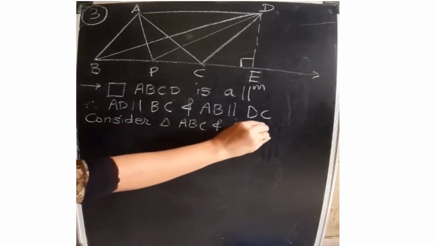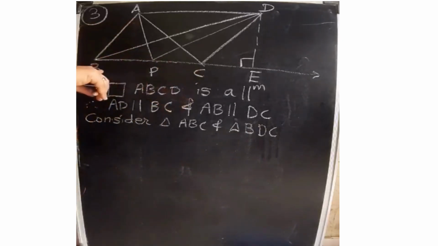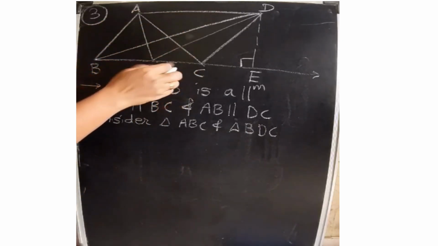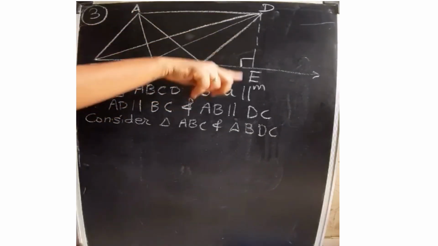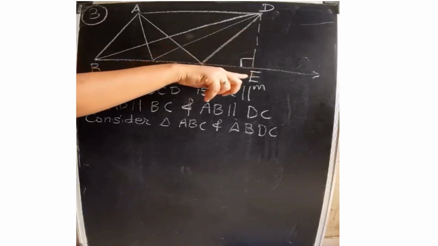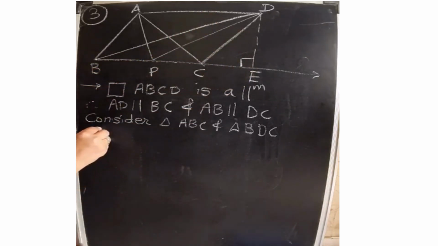Both triangles are drawn between two parallel lines, and we know the distance between two parallel lines is always equal. Hence the distance between the two parallel lines is the height of both the triangles, as DE is the height of both the triangles.